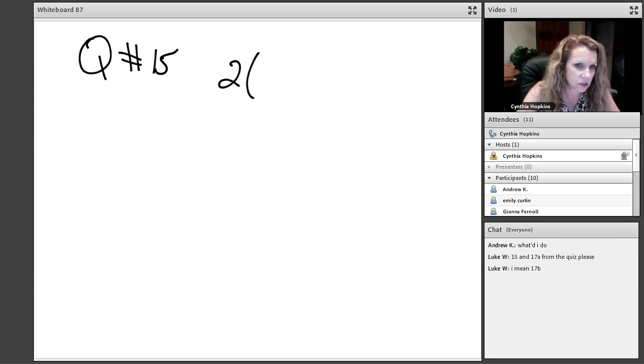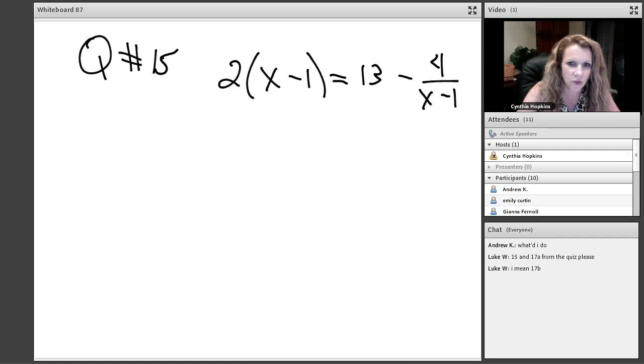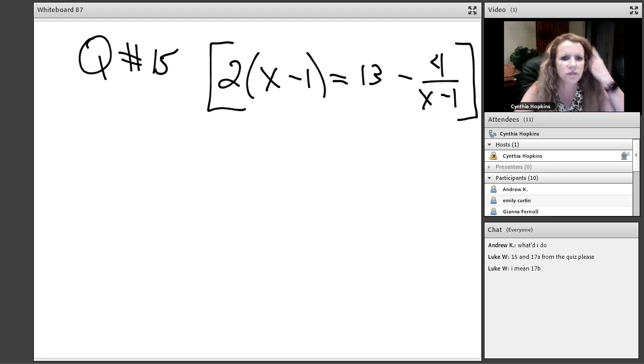It says x minus 1 squared equals, so this is an equation, 13 minus 4 over x minus 1. I'm sure you can hear me saying in class, oh, it's an equation with a fraction in it. So what's the first thing we should do? Get rid of the denominators.